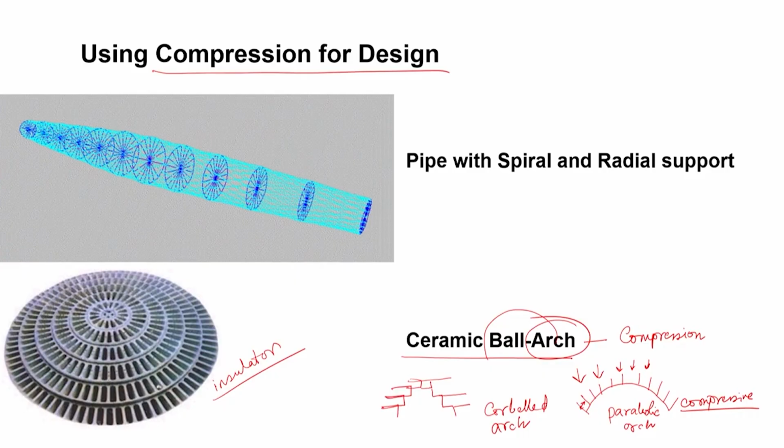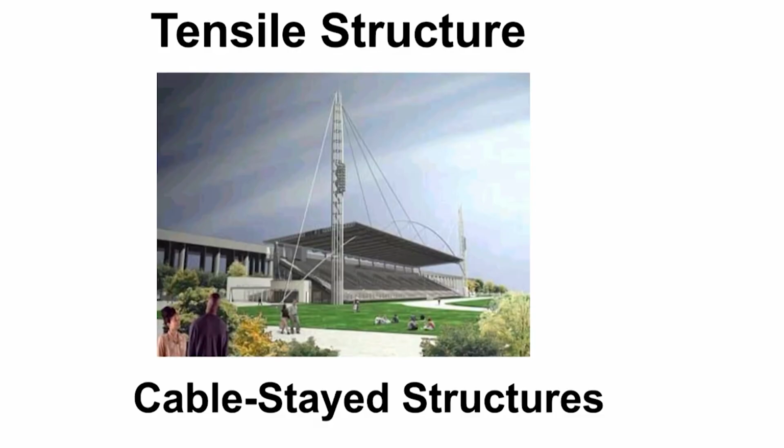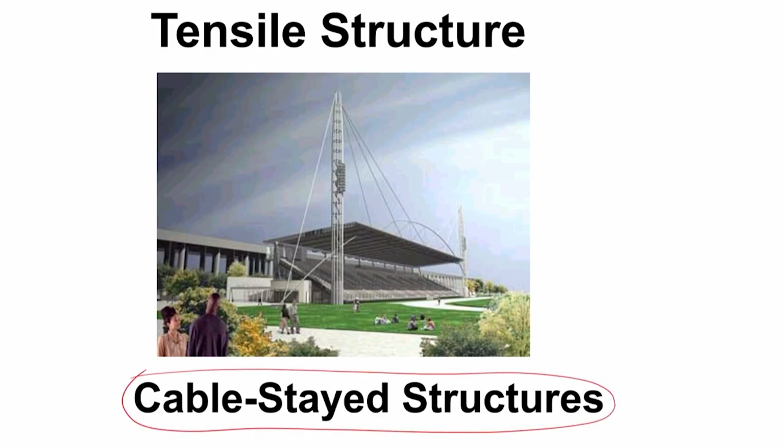Now, there are designs where tension also is used heavily. I told you that the advent of steel has made different types of forms and cross sections possible, and these cable stayed structures where the cables actually carry the tension. So, the tension is carried by the cable, and then these posts are getting the compressive load.